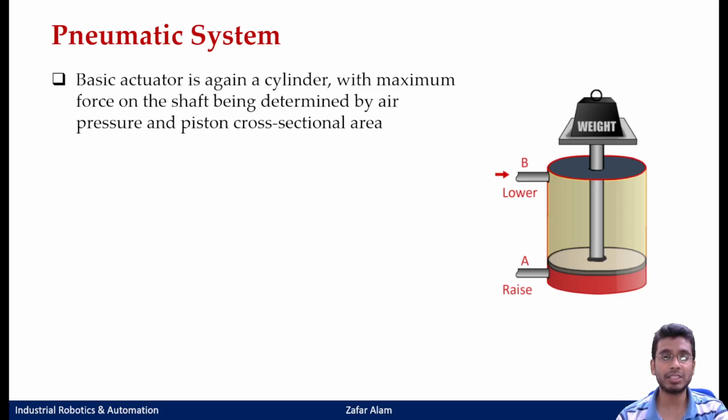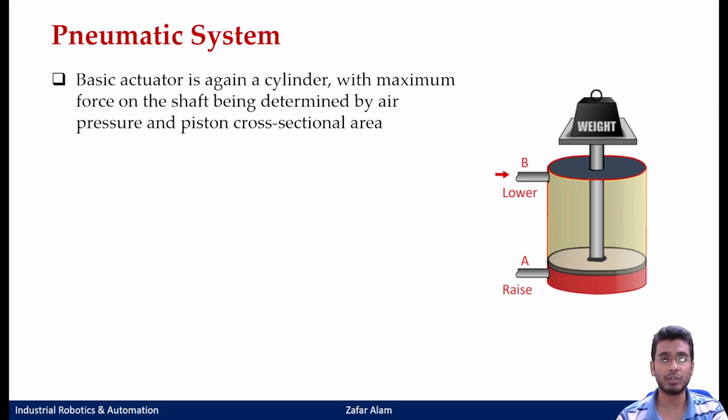The design of the cylinders would be changed a bit, because a hydraulic system generally works at a higher pressure, for example 150 bar, 200, 250, 300, whereas your pneumatic system, since it works on gas which is compressible, generally works at a tentative range of around, suppose, 5 bar to 10 bars.